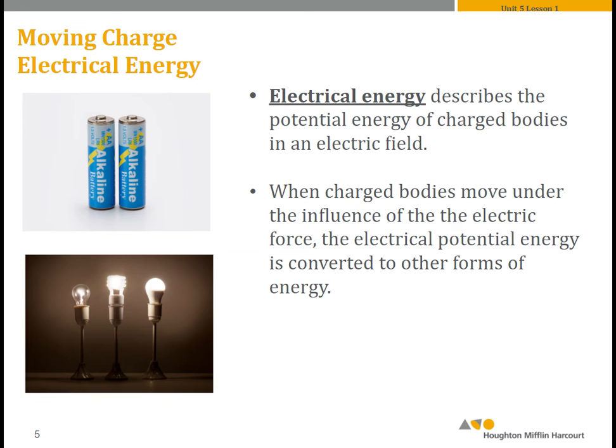We already know that opposite charges attract. So if you have a positive object on one side and a negative object on the other side, then the electrons will tend to flow away from the negative object and toward the positive object.